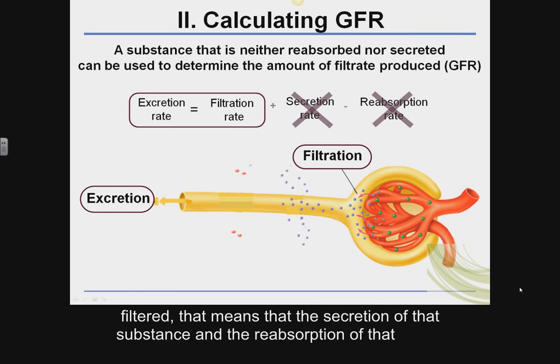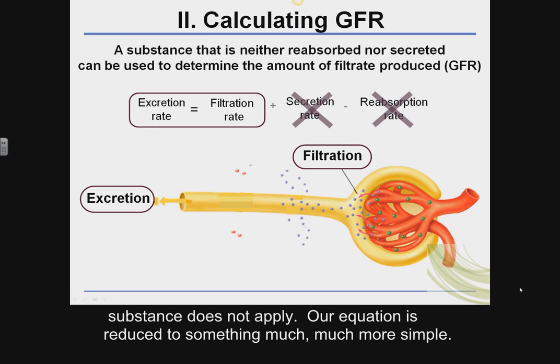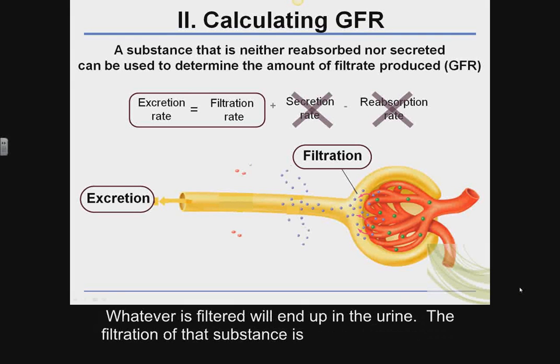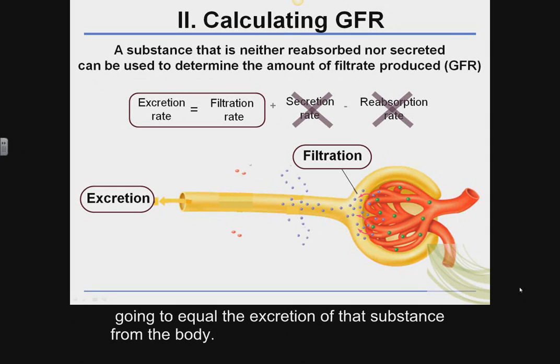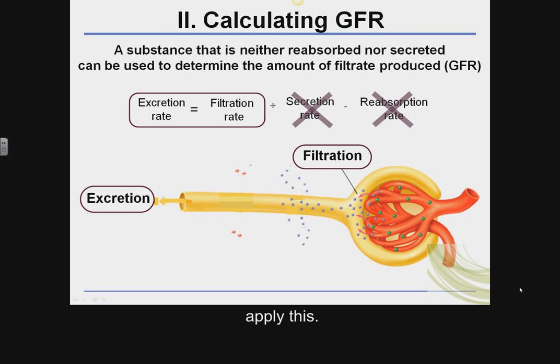Notice that if we are playing with a substance that is only filtered, that means that the secretion of that substance and reabsorption of that substance does not apply. Our equation is reduced to something much, much more simple. Whatever is filtered ends up in the urine. The filtration of that substance is going to equal the excretion of that substance from the body. Let's see how we can apply this.